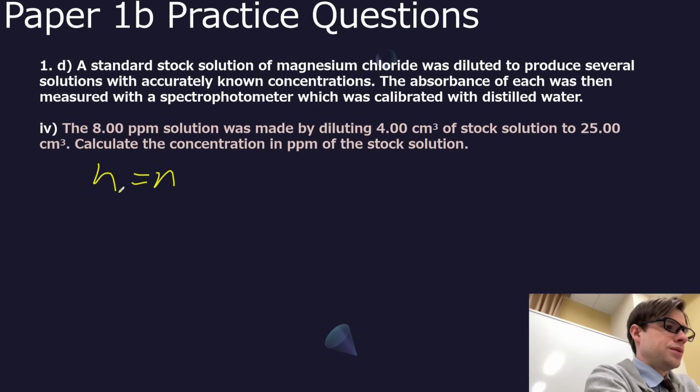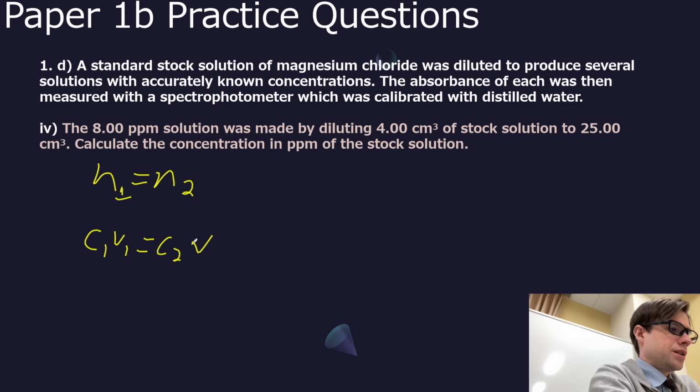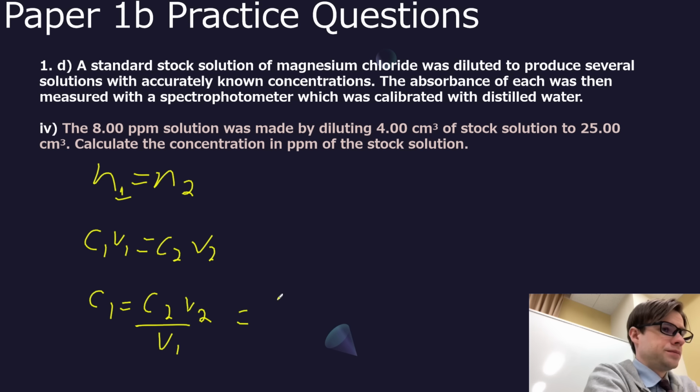N1 equals N2. This will usually be written as C1 V1, since N equals C times V, equals C2 V2. And we would like to know C1. So C1 equals C2 V2 all over V1. So final concentration is 8 ppm.